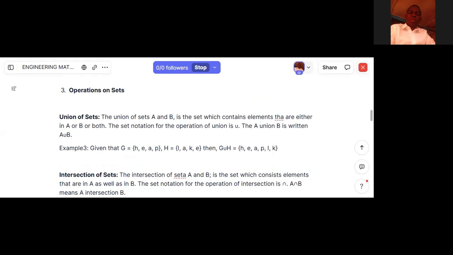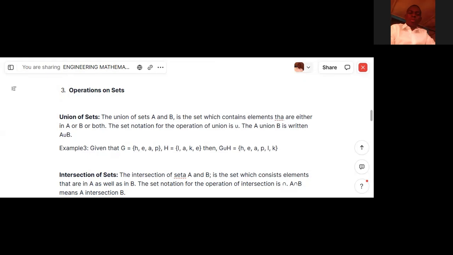Simply put, the combination of elements present in set A and set B is said to be the union of sets A and B. Mind you, if these sets have any elements in common, these elements will not be repeated when you are expressing their union.